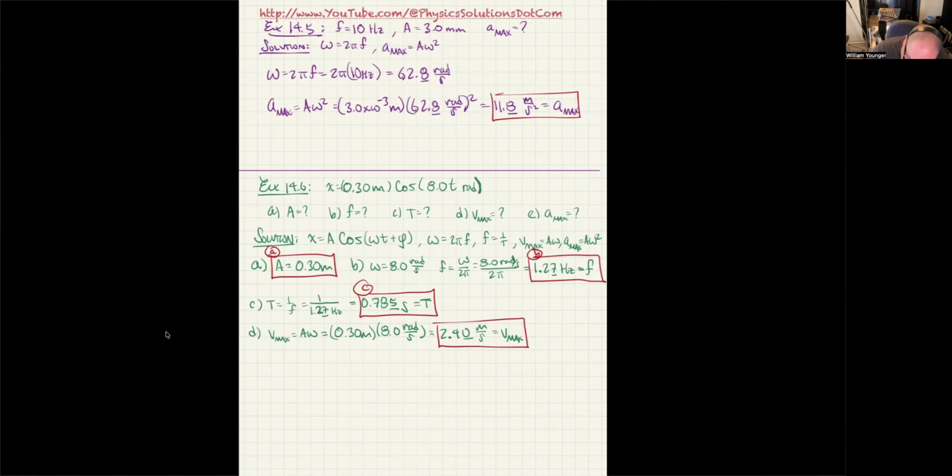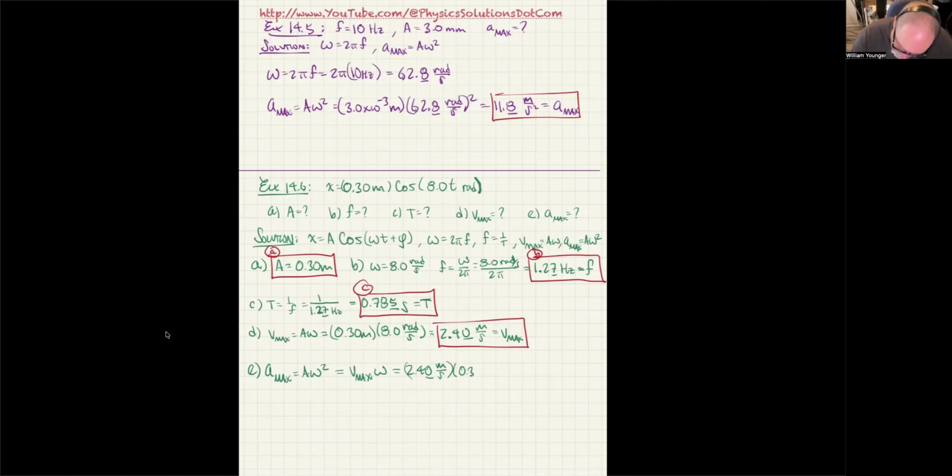To do the next part, we want the Amax, and that's straightforward enough. Amax is just A omega squared, which you might also notice is Vmax times omega, and that might make it a little easier for us. So I'm going to do that. 2.40 meters per second times another factor of omega, and the factor of omega was 0.30, if I remember correctly.